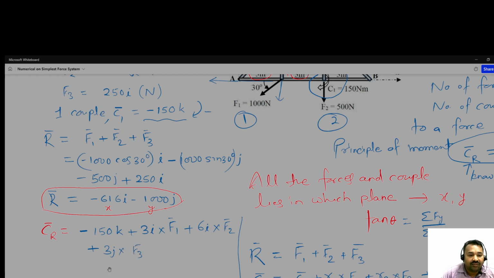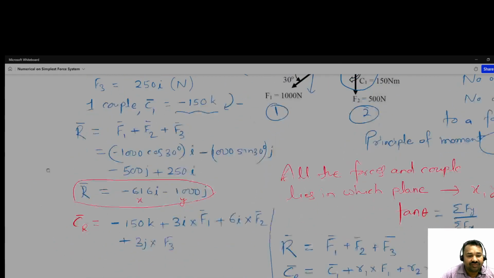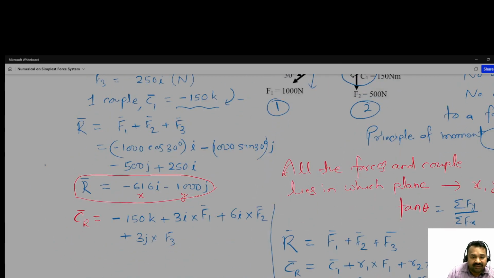And by putting in the expressions, or you can say the vectors of F1, F2, F3 values, what will we get? We will get minus 5400K.